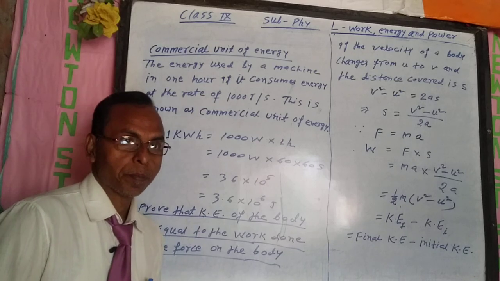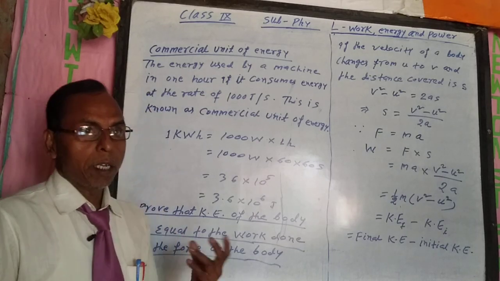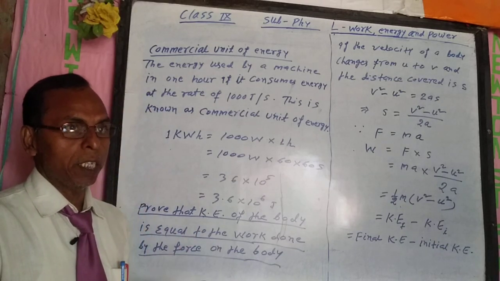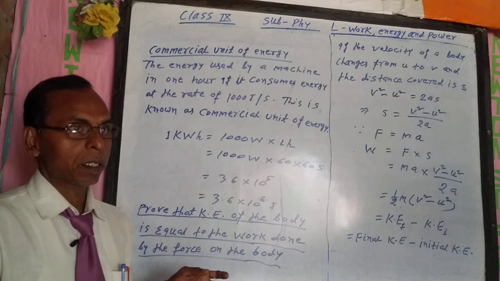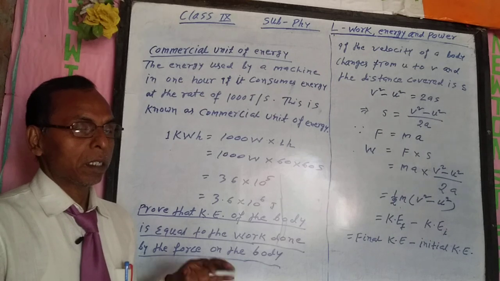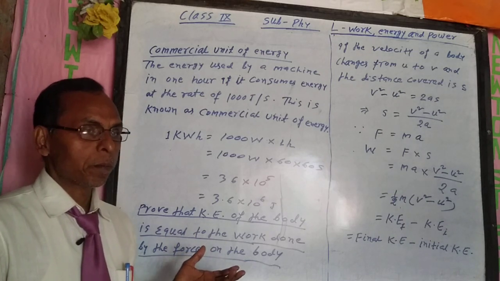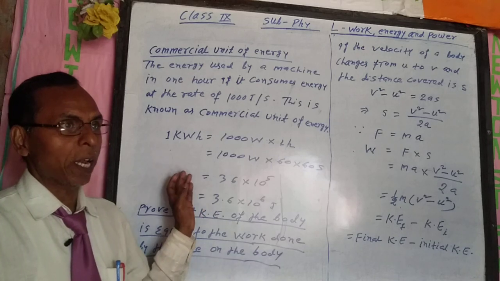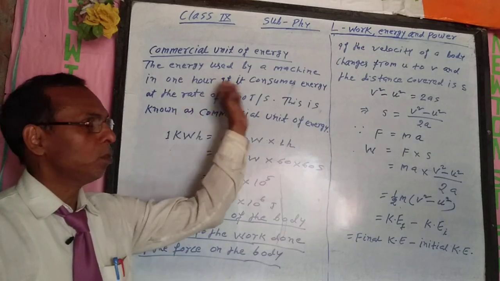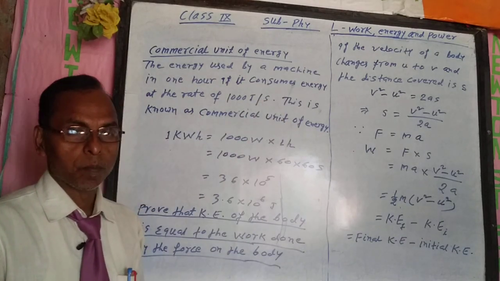If a device consumes energy at 1000 joule per second, the amount of that energy in 1 hour is known as the commercial unit of energy.